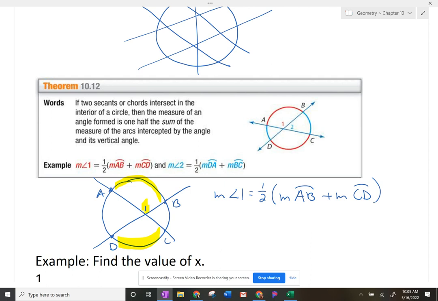So I'm showing you this picture here. I've got this arc, AB, and then CD. So again, both sides of the circle. If you add both of those sides together and then divide by 2, that's where you'll get that angle.